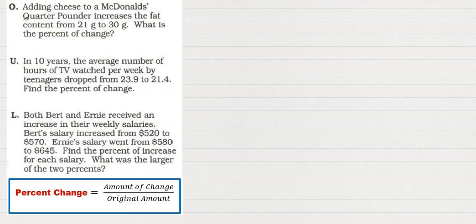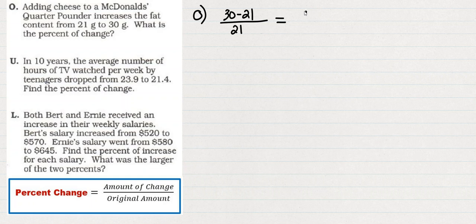If I have seen that adding cheese, the McDonald's Quarter Pounder, increases the fat content from 21 grams of fat up to 30 grams of fat. I can find the difference from 21 to 30. So I'm going to put the bigger one first, the 30 minus the 21, so that I don't have to bother with negatives.